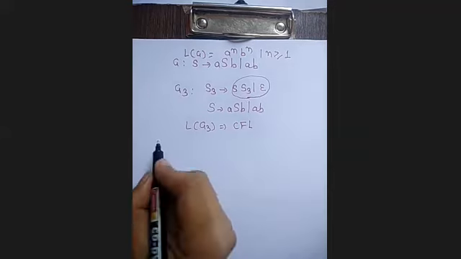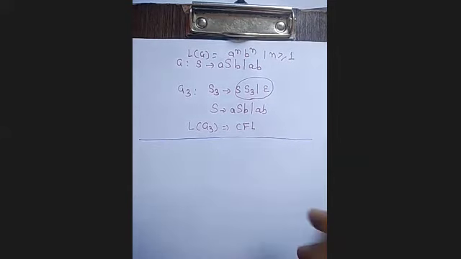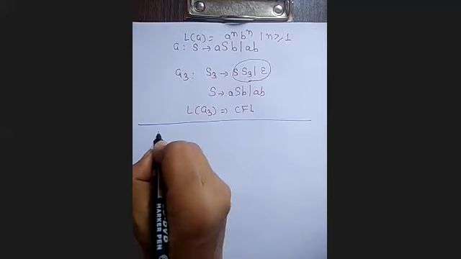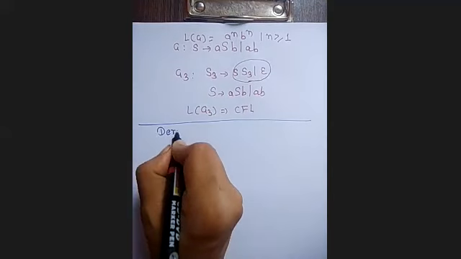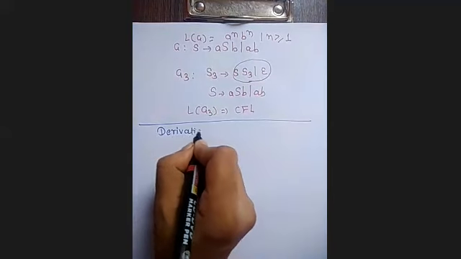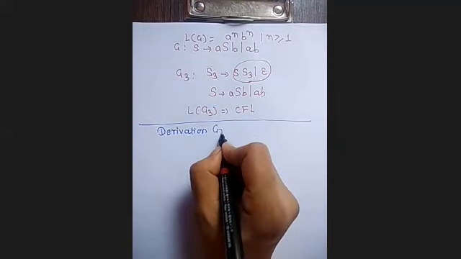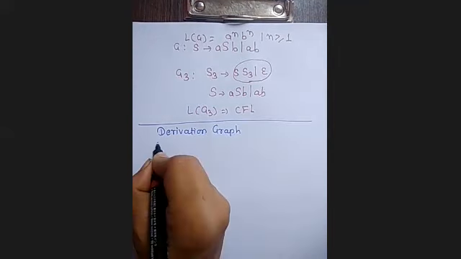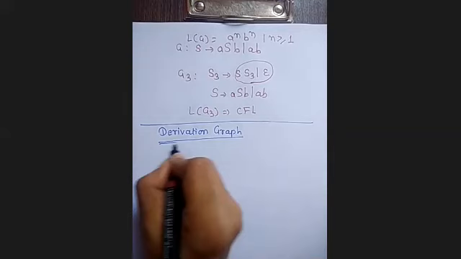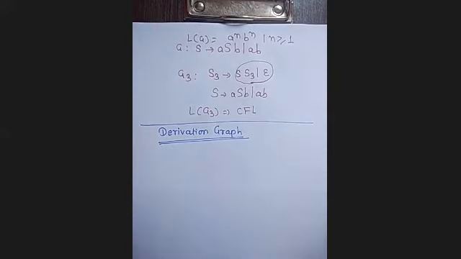Derivation graph. Okay. We have already used the derivation tree. Okay, so we have seen derivation tree is what? It is the graphical representation of the derivation of the string.